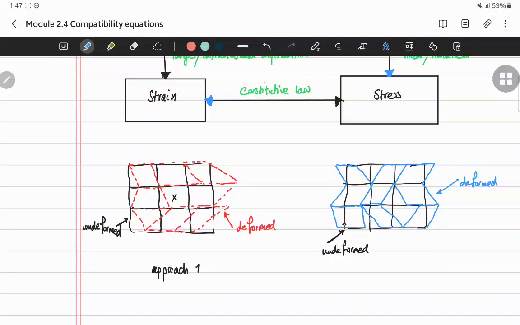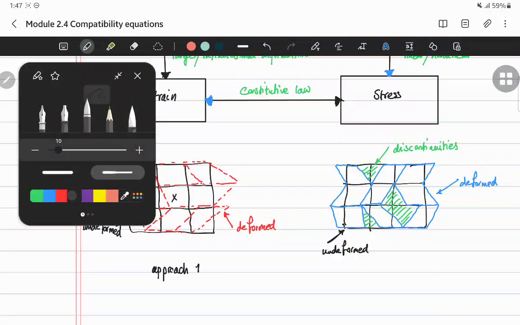Why can't you have something like this? Because, let me just show this in another color, you have these discontinuities in here. These are the discontinuities that you have in your solution.